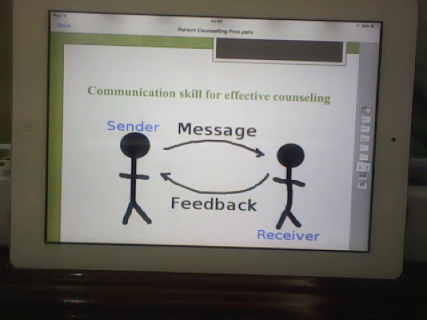Pharmacists can achieve this by verbal communication. The tone, the volume and the speed of his speech will affect how the message is received by the patient. Also, eye contact and facial expression affect the counseling.